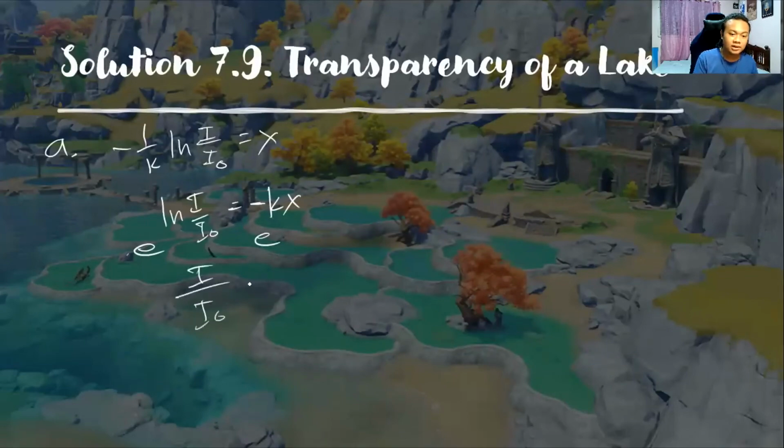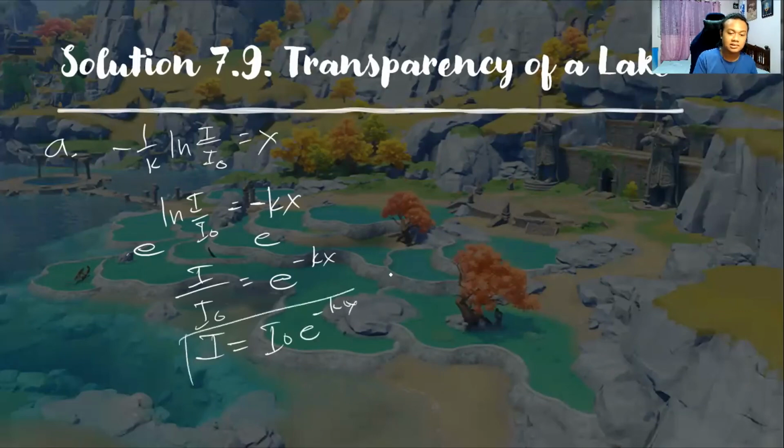I over I0 is e to the negative kx. Then I is I0 e to the negative kx. Okay? So that's the equation. How easy, right?